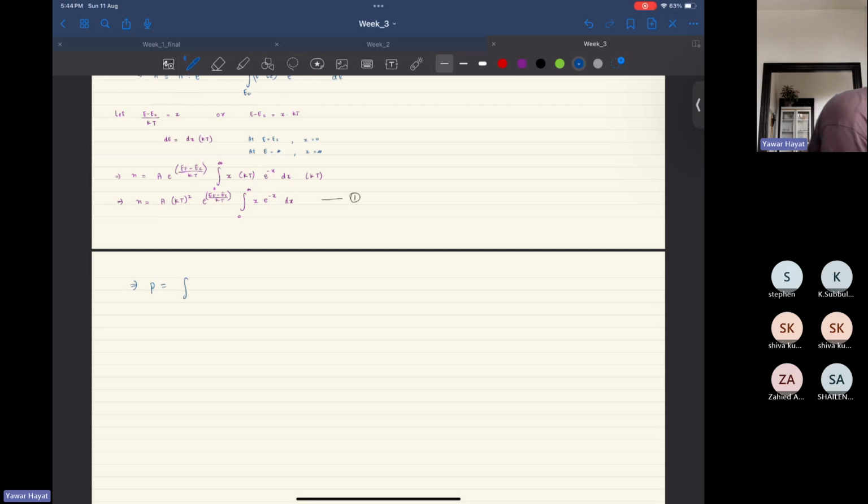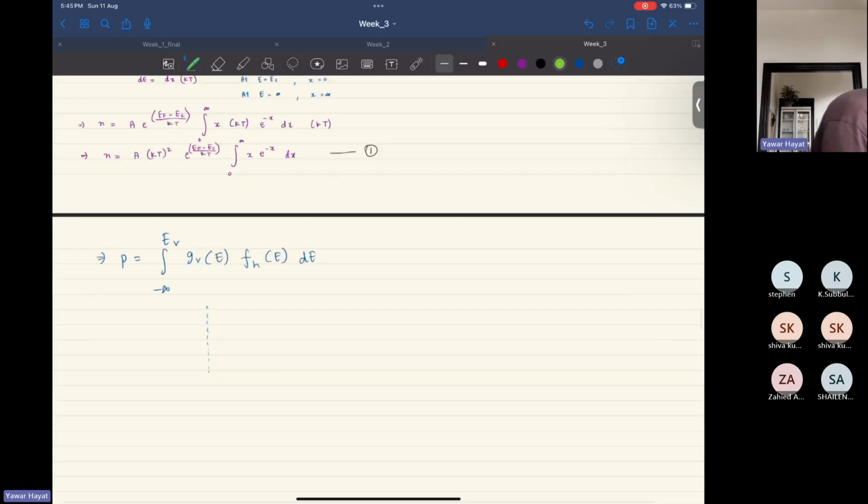Firstly, I'll write the equation from which we need to start. From minus infinity all the way till valence band edge EV, GV of E, FH of E, dE, right? And yeah, just work this out. This is your homework.